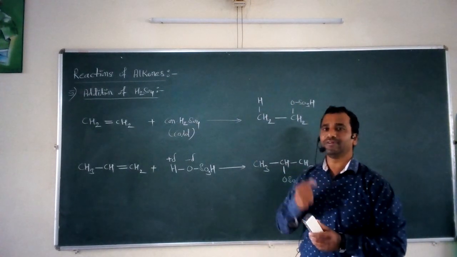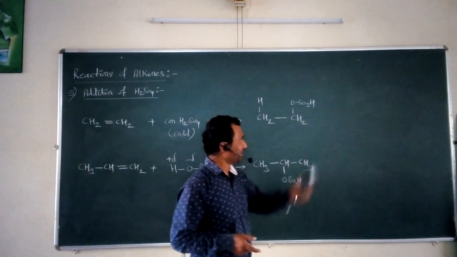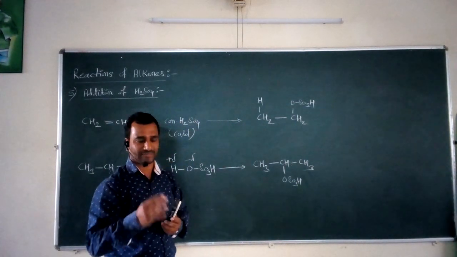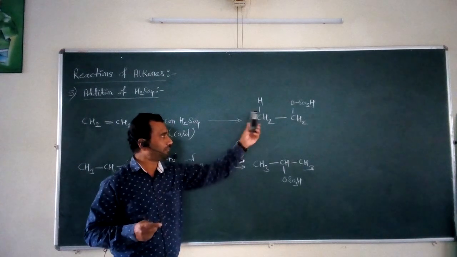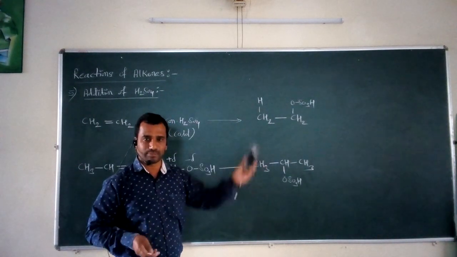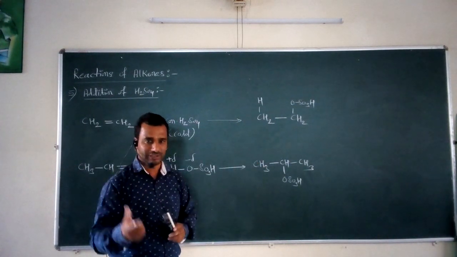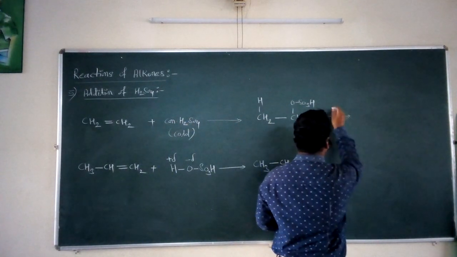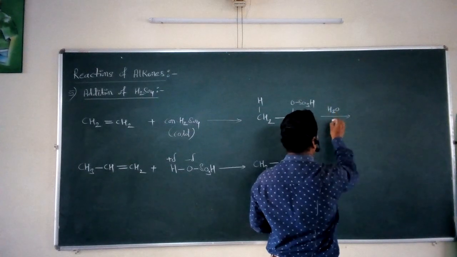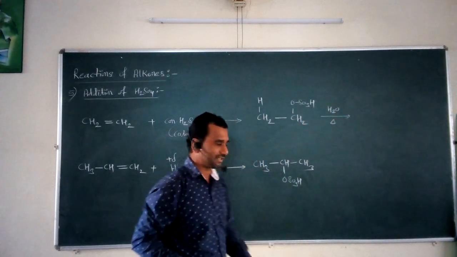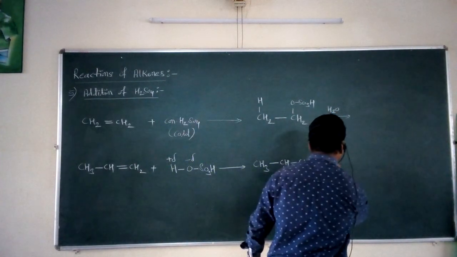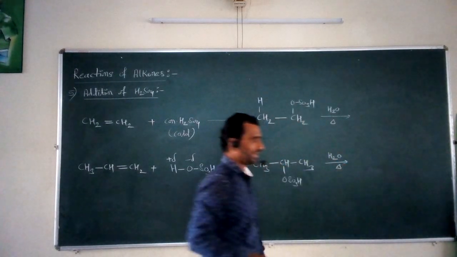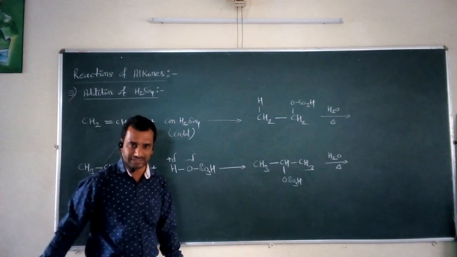Now if we consider the same products and carry out a further reaction, if these two products are treated with a water molecule, what happens? If this interacts with water, and if I heat the given reaction mixture, then what type of product formation takes place?